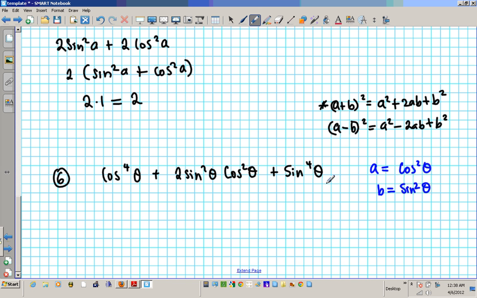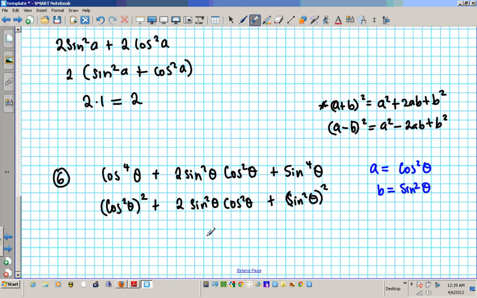So if we make that substitution, because cos⁴θ is basically (cos²θ)², plus 2 sin²θ cos²θ, plus (sin²θ)². Okay?